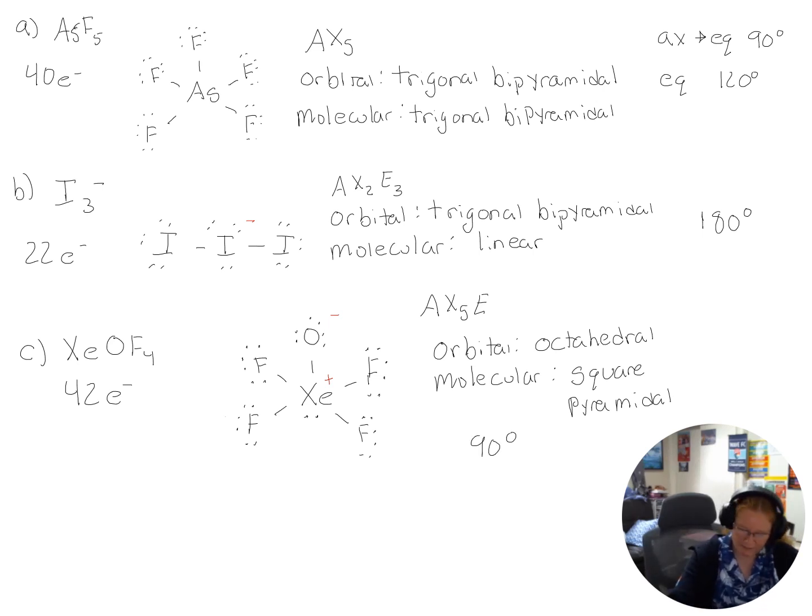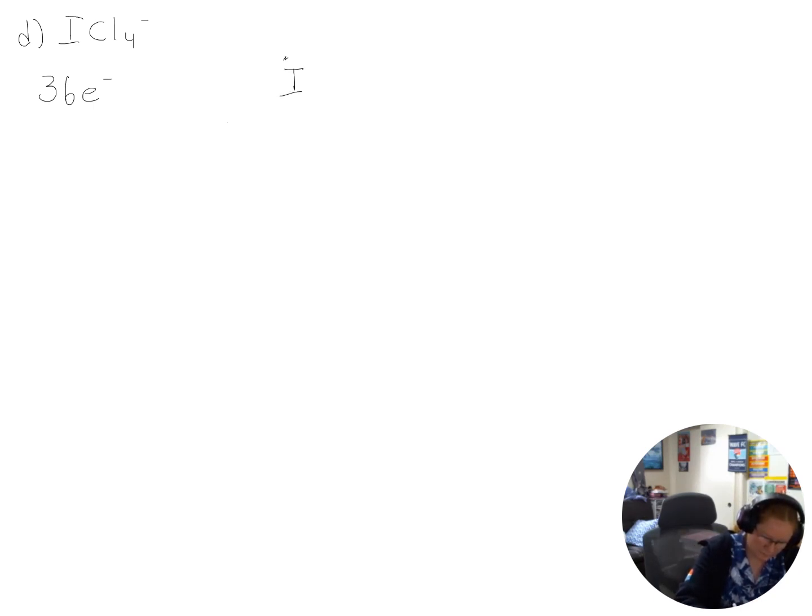All right, I need some more space to write. All right, 2 more, and then you're on your own. Okay, so here you should be keeping track of 36 electrons. And the formal charge goes on this iodine here.